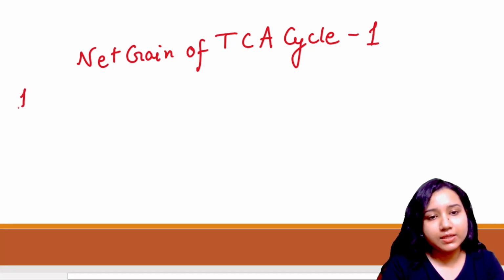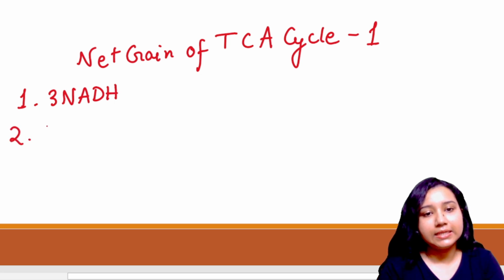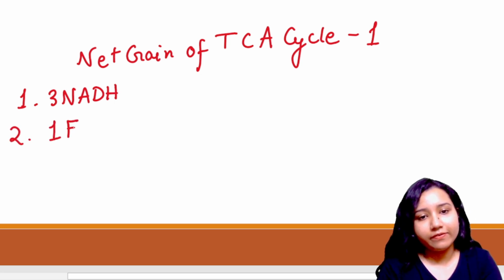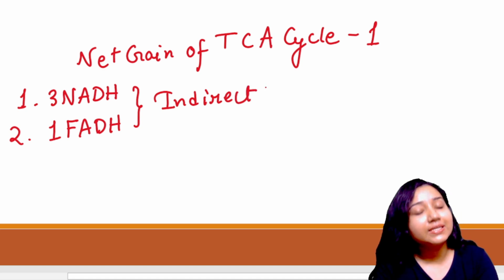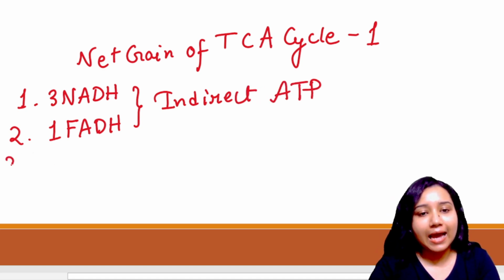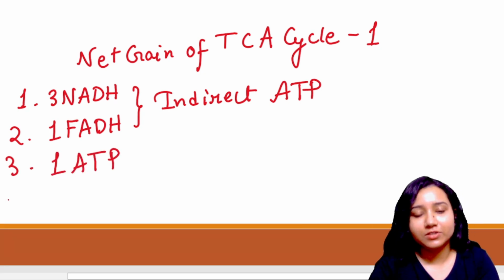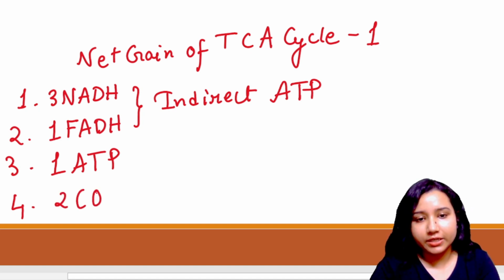We could see there were 3 NADH, right? And there was 1 FADH2, okay? All these are indirect ATP, which is going to be oxidized in the electron transport chain, okay. And there was also 1 ATP. Along with that, there were 2 carbon dioxide, right?